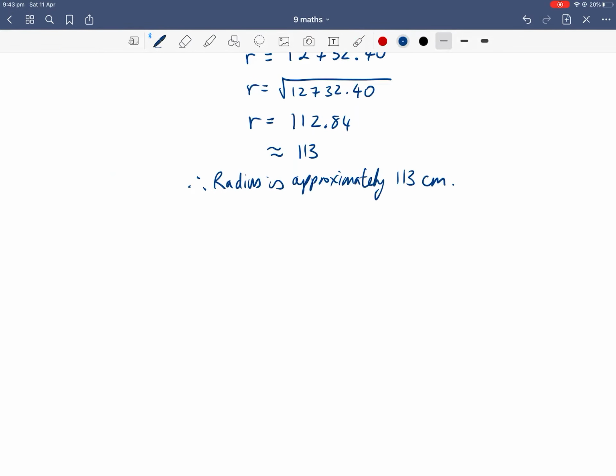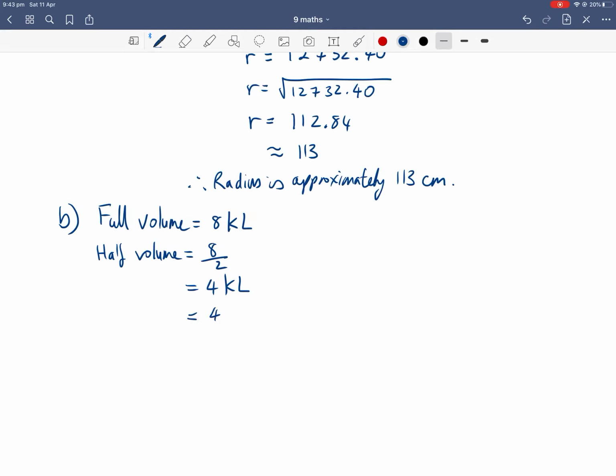So part B, full volume or full capacity is 8 kiloliters, half volume is 8 divided by 2, which is 4 kiloliters, but we want to convert it to liters, so times 1,000, so that's 4,000 liters.